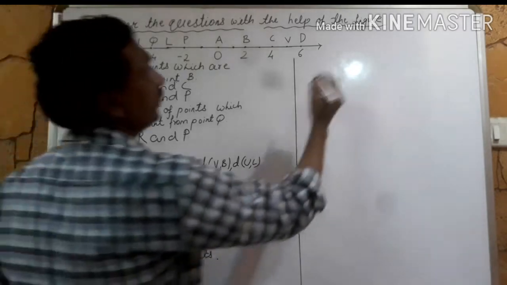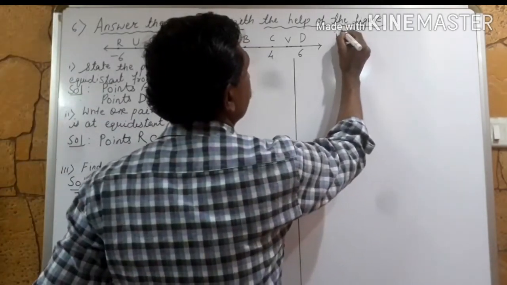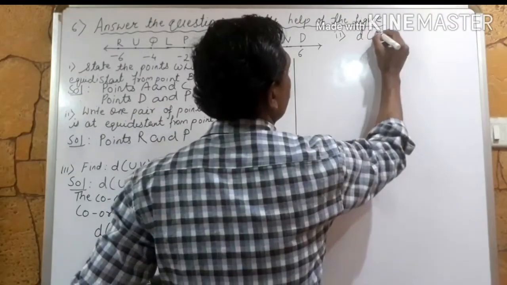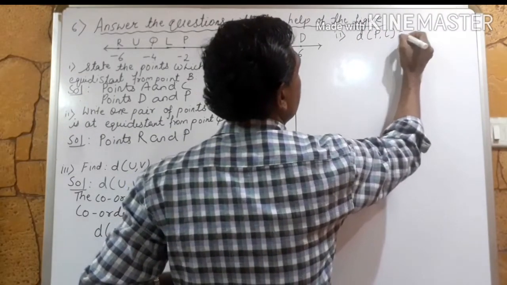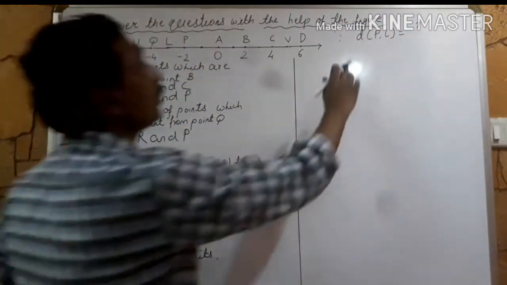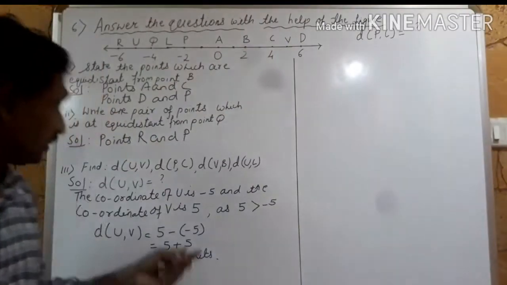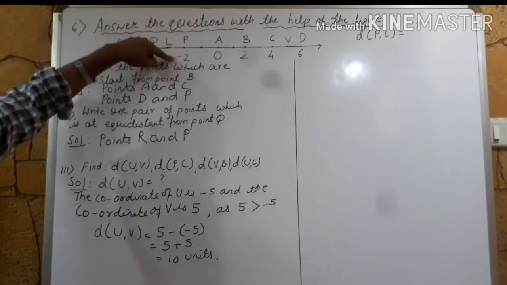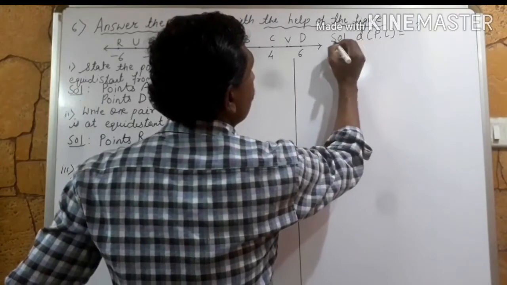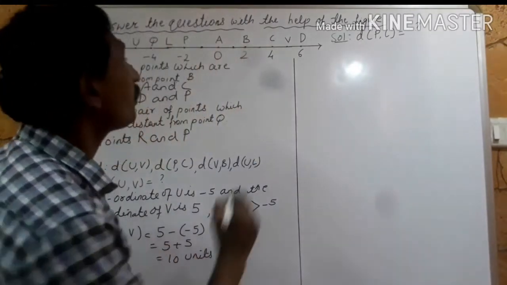Let's see the second one. Distance PC is equal to how much? What is the coordinate of P? -2. So we will write solution. We will start distance PC.